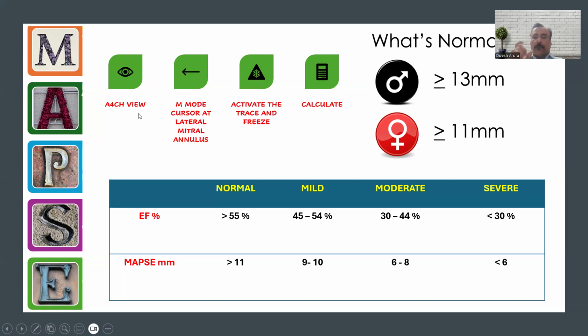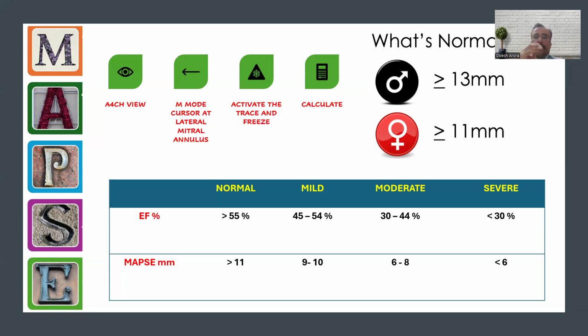So we have to avoid foreshortening and ensure we have a good apical four-chamber view on our screen. Again, we'll make use of the M mode cursor. The M mode cursor would be placed at the lateral mitral annulus, which I'll be showing you in the subsequent slides. We'll activate the trace, and once we get a good trace, we'll freeze that.